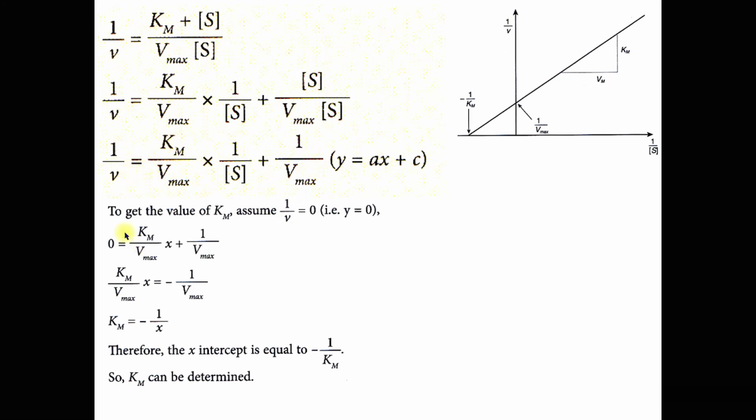So 0 equals Km over Vmax times x plus 1 over Vmax. So tukar, kita akan dapat x equals negative 1 over Km. So x intercept atau pintasan paksi x equivalent to negative 1 over Km.